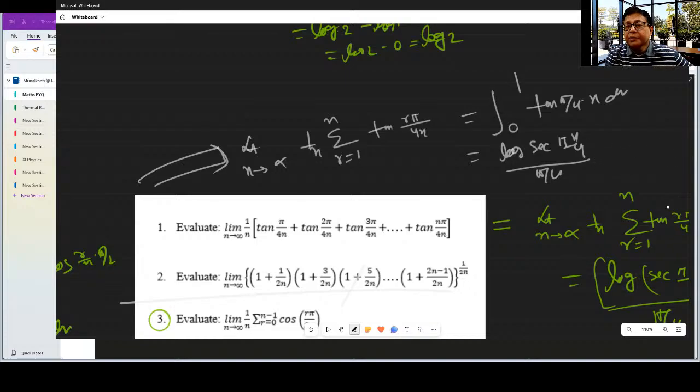Just put the value. 0 to 1. 4 by pi you can take up. 4 by pi common log sec pi by 4. Sec pi by 4 is root 2. Log of root 2 minus log 1 is 0.